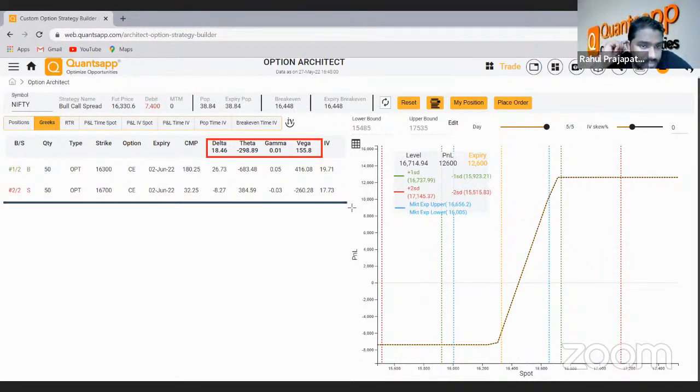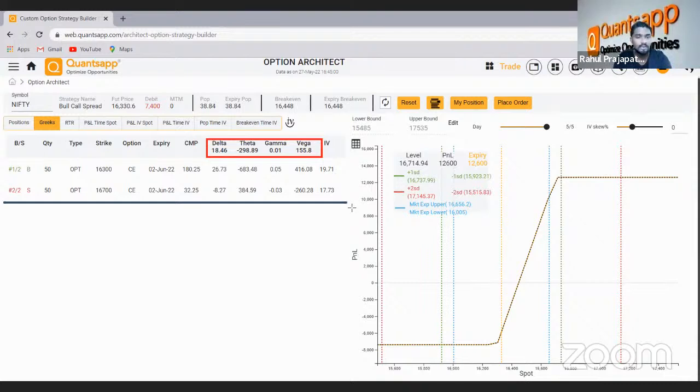This is how it works. So delta, the 18.46, is just for a 1 point move. If Nifty moves up by 1 point, I'm going to earn 18.46. That is the amount. If the market moves down by 1 point, I'm losing 18.46. That is the amount.